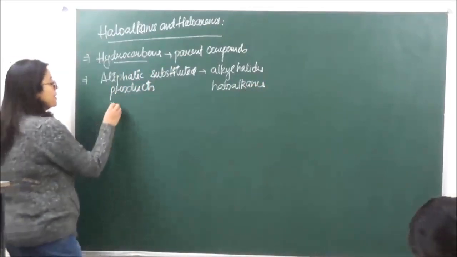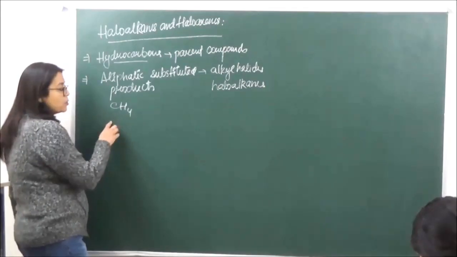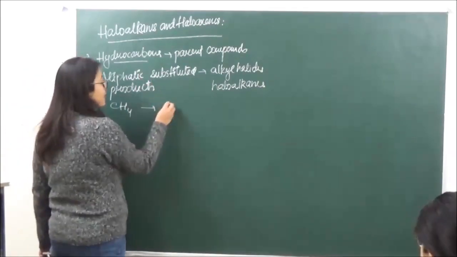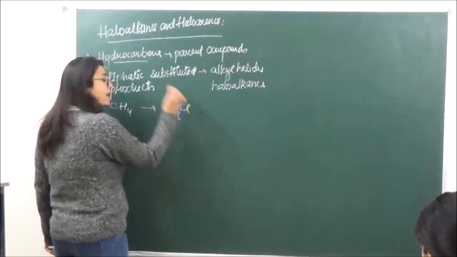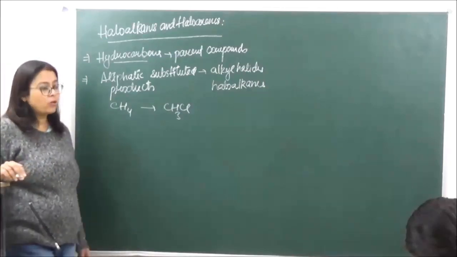For example, if CH4 is the hydrocarbon over here, तो इसका aliphatic substituted alkyl halide is going to be CH3Cl, where one of the hydrogens is substituted by the halogen.